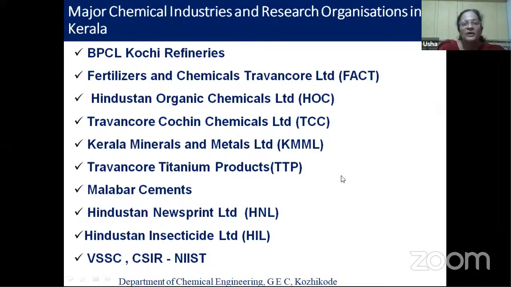Kerala Minerals and Metals Limited, KMML, in Kollam, Chavara. Then Travancore Titanium Products, TTP, in Trivandrum. Then Malabar Cement, Palakkad. Then Hindustan Newsprint Limited, HNL, in Velloor, Kottayam. Then Hindustan Insecticides Limited, also in Udyogamandal.